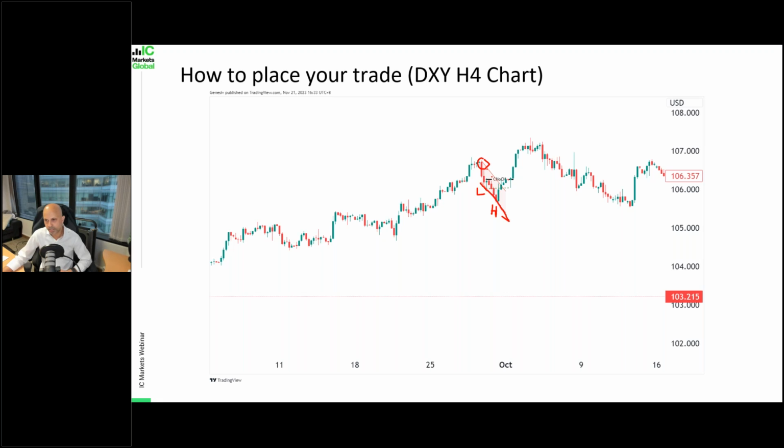Not only does it break above the upper trend line of the bearish channel, but it also breaks above this high here as well. So that gives us the confirmation of the change of character. And then as you can see here by this wick, price drops down very low to where the left shoulder is.